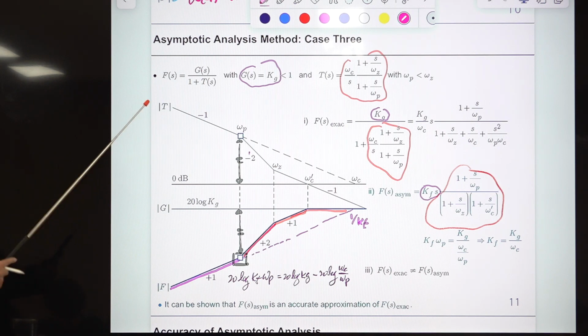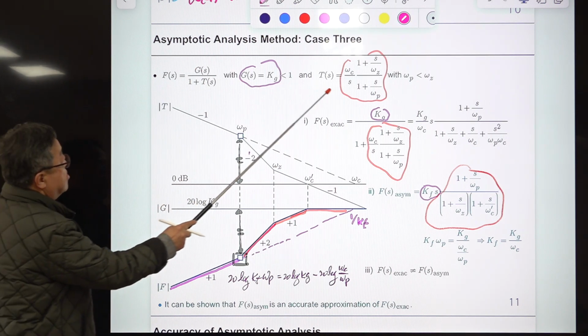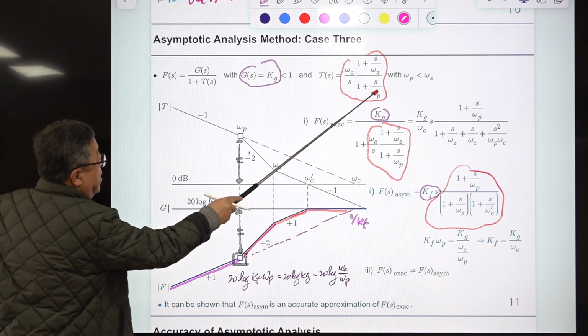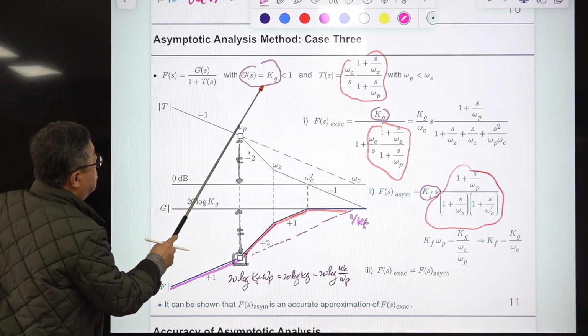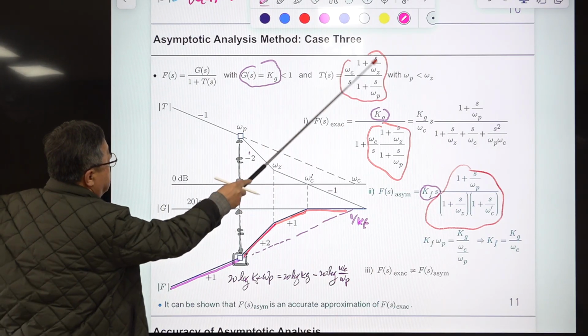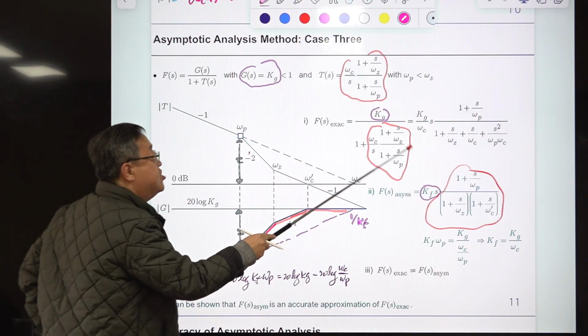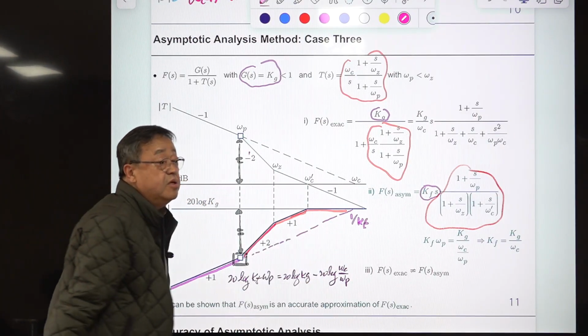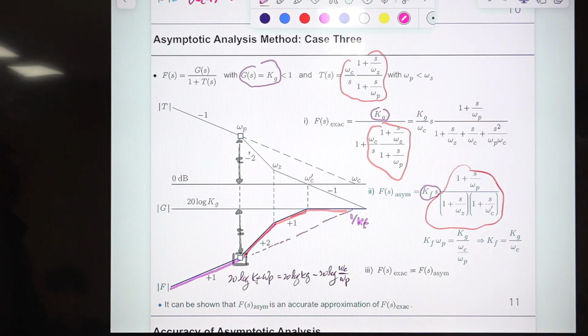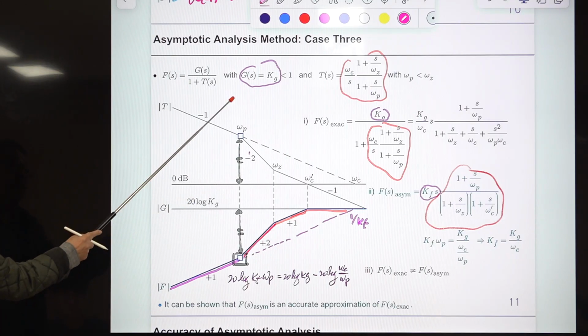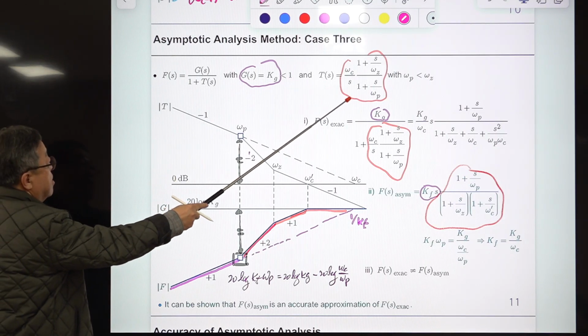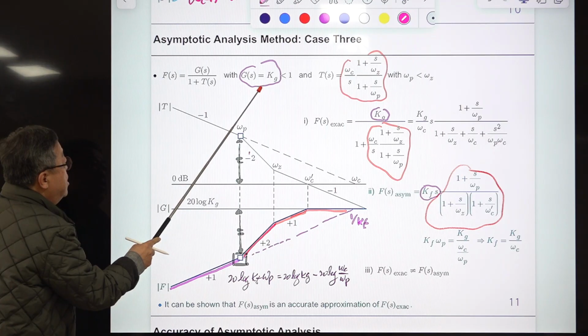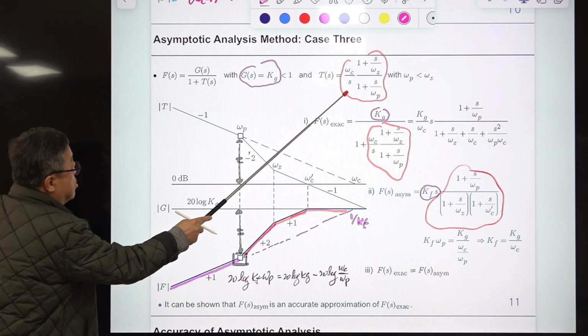Okay, now this is the kg, and this is this one, something complicated. So the exact expression is kg divided by this one, and rearranged into this form, right? And how about this asymptotic analysis? Just first plot this one and this one individually. Okay, let's consider this first.